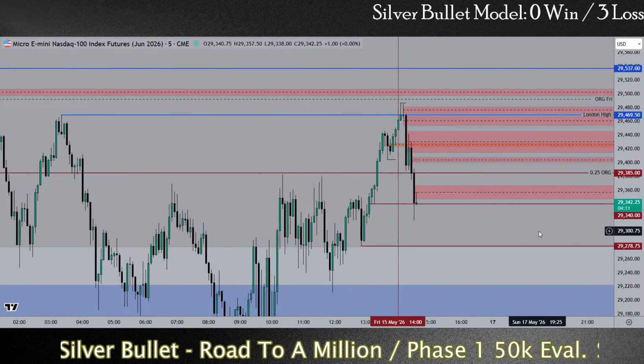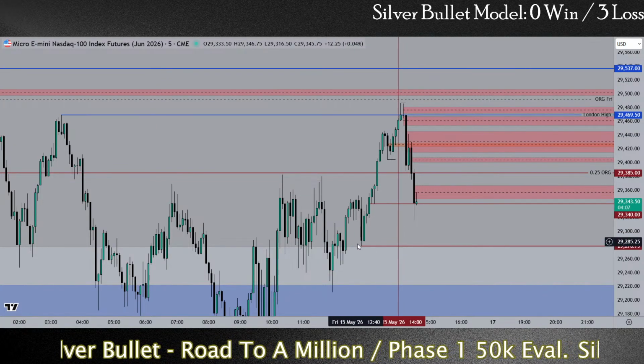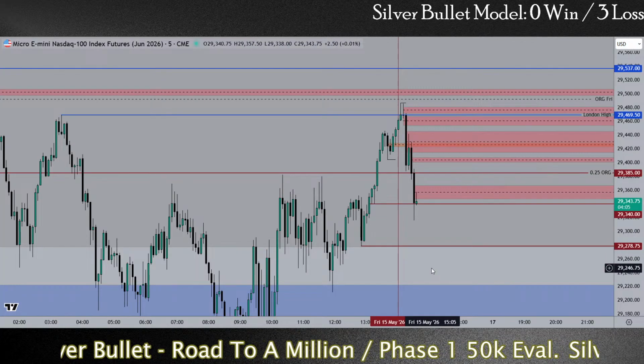Five-minute chart. The sell side in here is kind of the most reasonable.